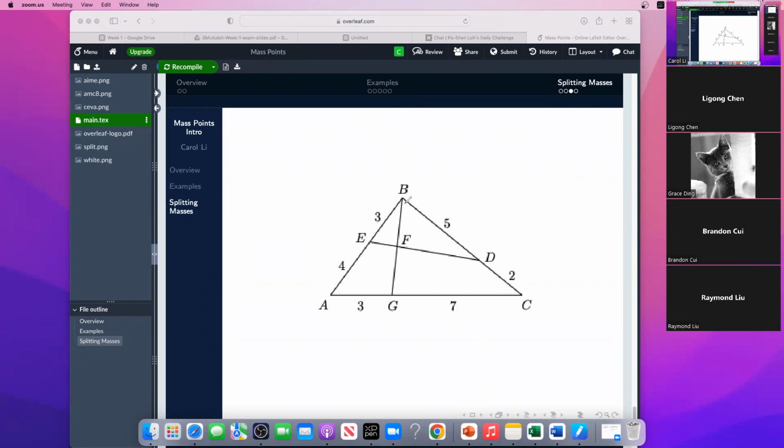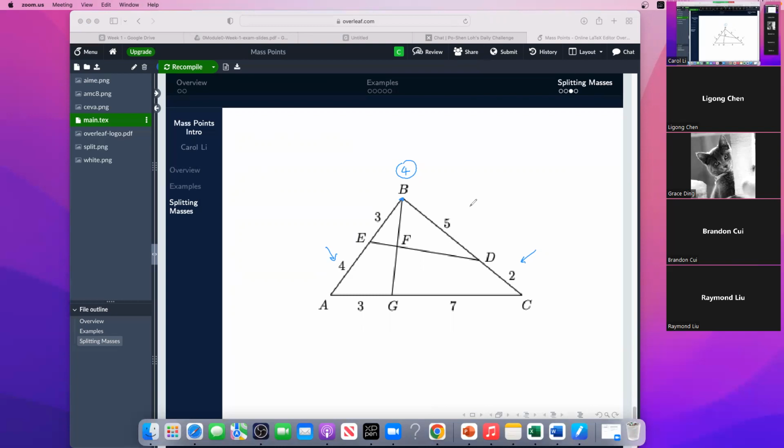So one thing I like to look at is one specific point, and I'll see that these two lengths correspond with the point mass of B. Since 4 is divisible by 2, 2 is a divisor of 4, it's smarter if we put 4 here instead of 2, because if we put 2 here, it would cause some fractions along the way.